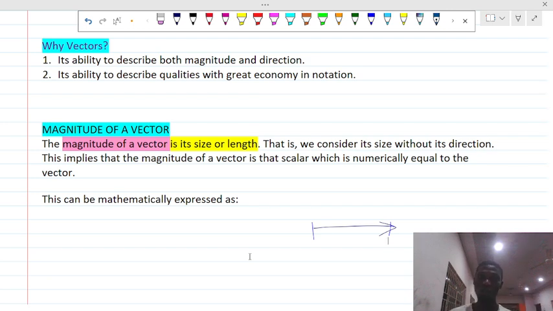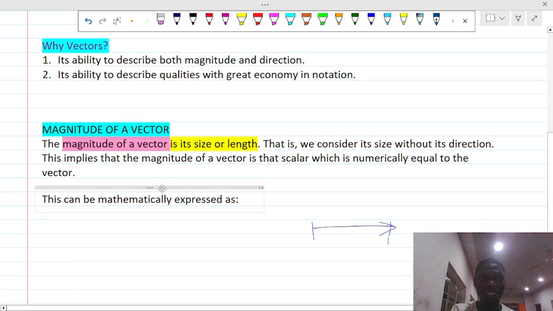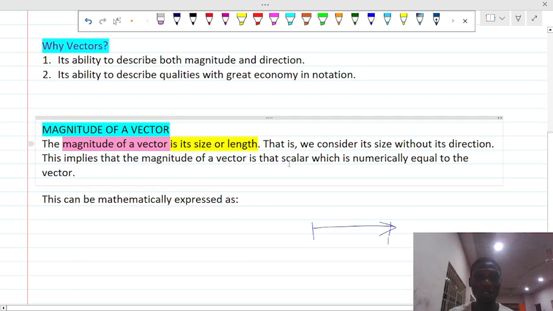So that implies that the magnitude of a vector is that scalar which is numerically equal to the vector.